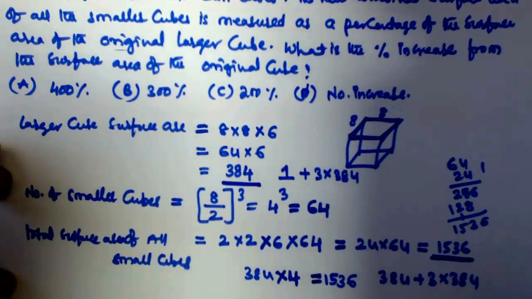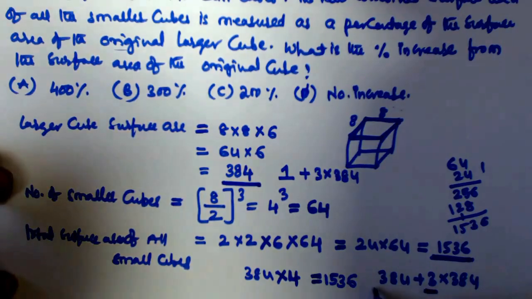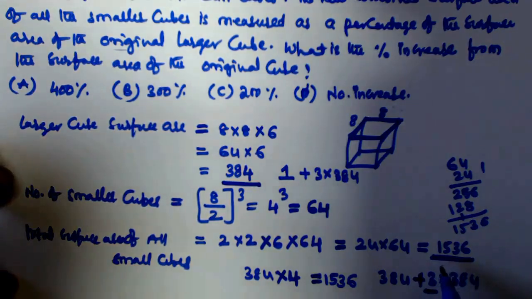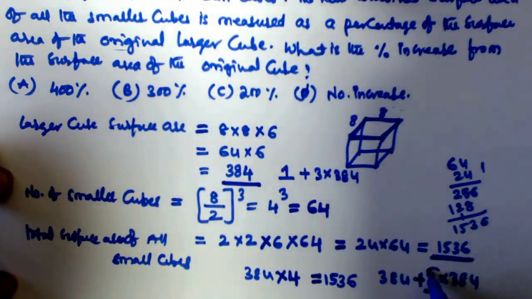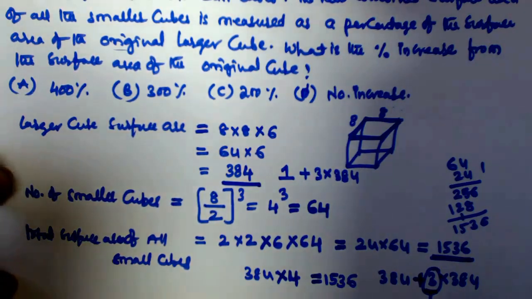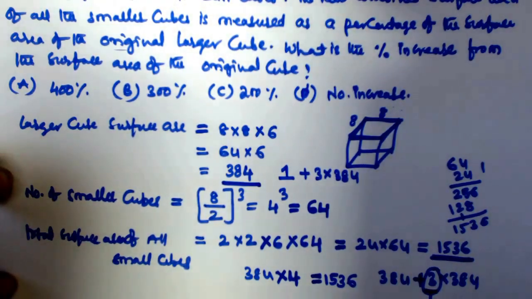So that means this is increased 3 times. Initially it is 384, and when we add 3 into 384 to the initial surface area, we get 1536. So this represents a 300 percent increase in the surface area.